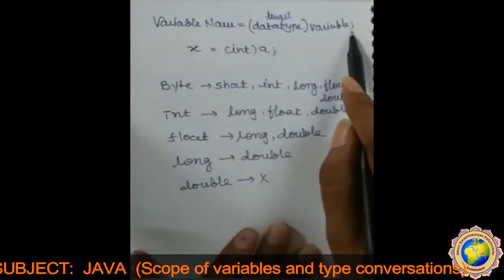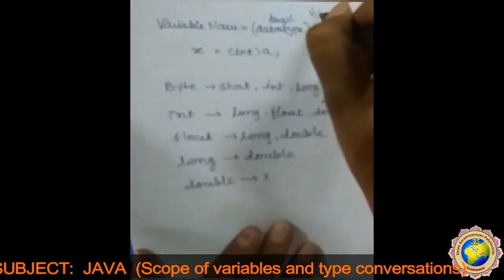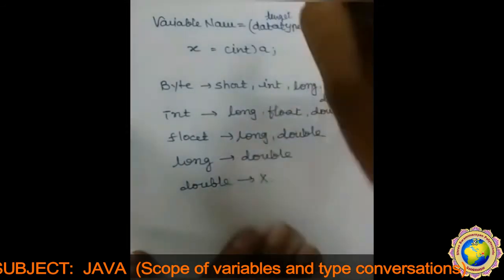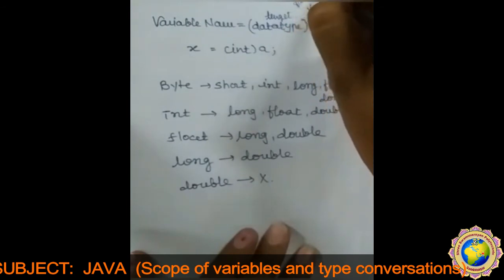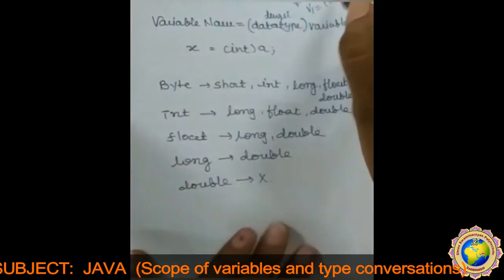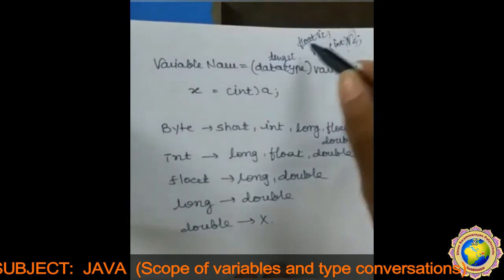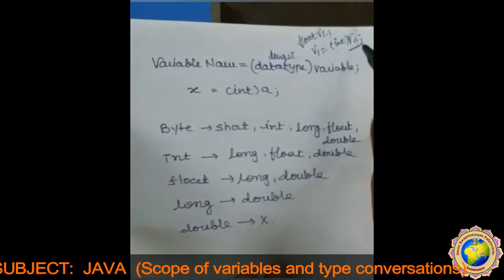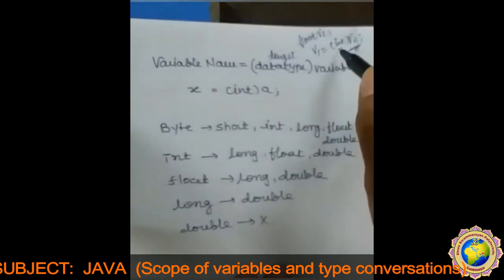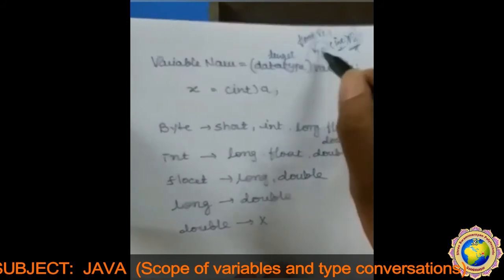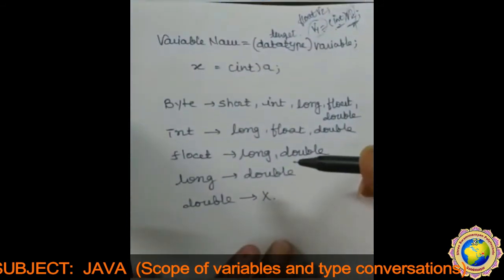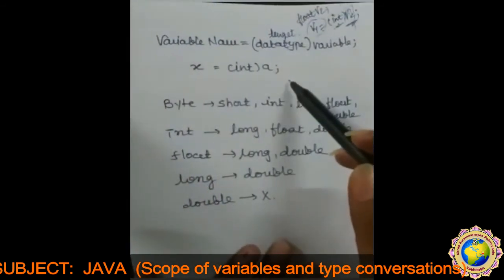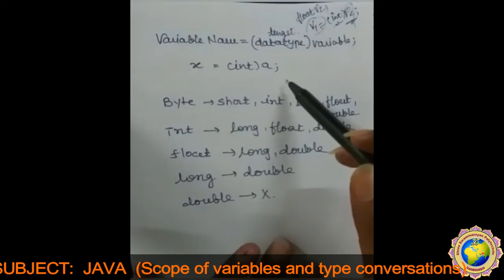For example, float v2, and v1 equal to integer of v2. So v2, which is a float, is converted into integer, and that is stored in v1. So this is all about the syntax of explicit type conversion, or typecasting.